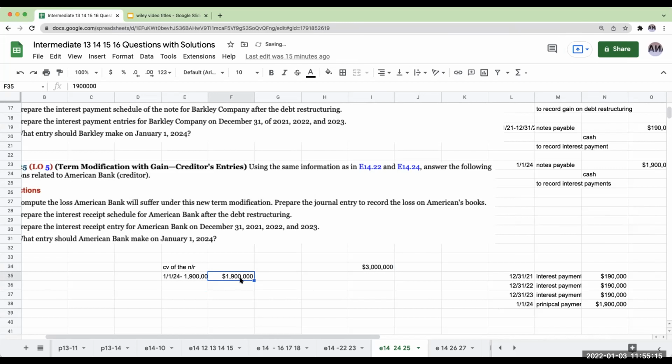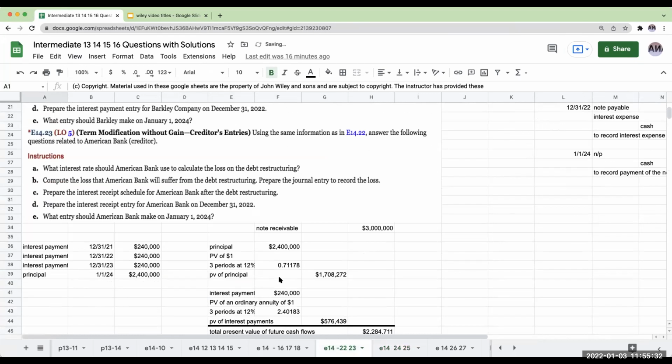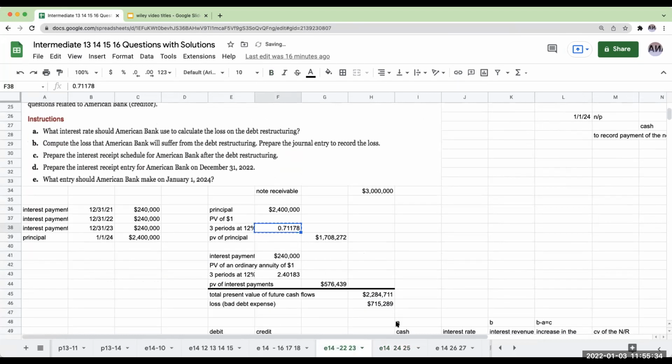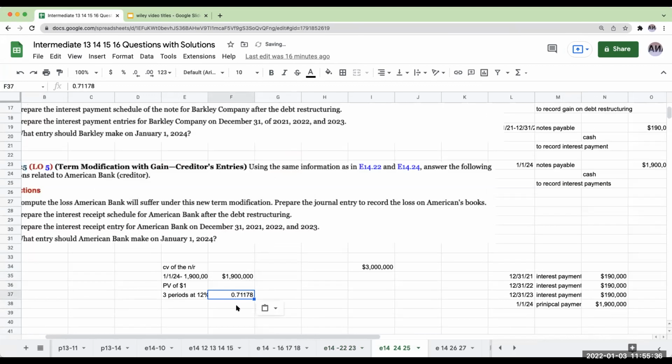For this 1.9 million, this is being paid to me 3 years from now. In order to bring that back to today's dollars, I'm going to use the present value of $1, 3 periods at 12%. I'm just going to borrow from over here, and I get 0.71178.